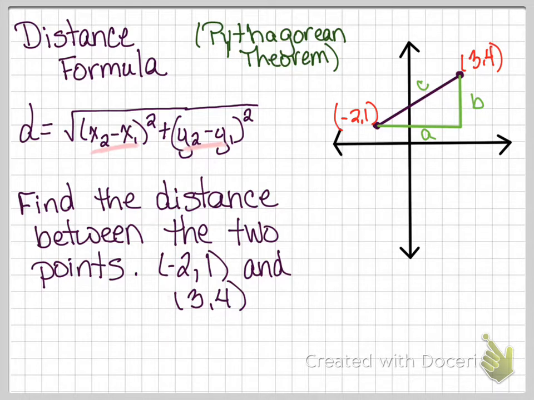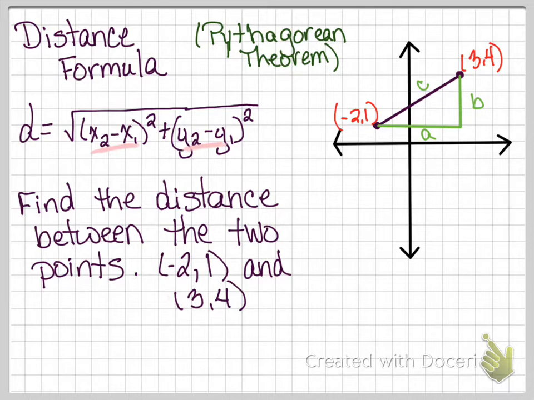Now, instead of having it equal to c squared, what have I done? I've taken the square root of that. That's where that square root comes from. And when we think about it from that perspective, it's helpful to realize what it is we're doing right there.